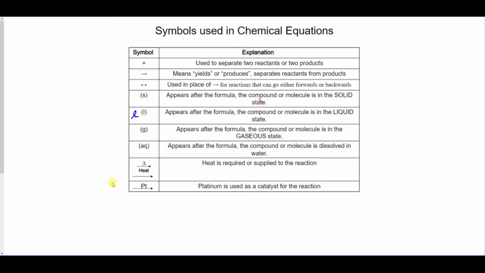If you're putting in energy, you put the delta, which means change in. You can just put the delta on top of the arrow to represent it, or sometimes people will write heat. If you have a catalyst that does not take part in the reaction, but is present to speed it up, it is also put on top of the arrow.